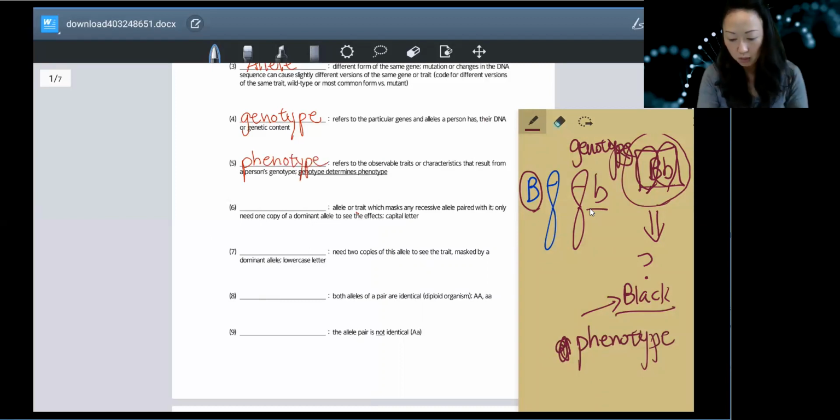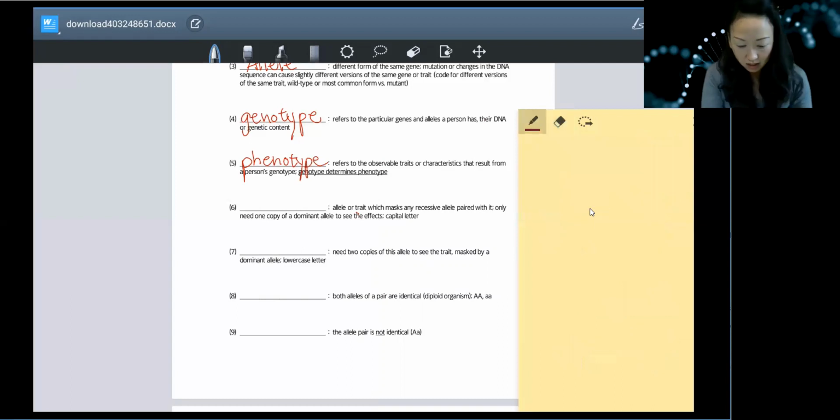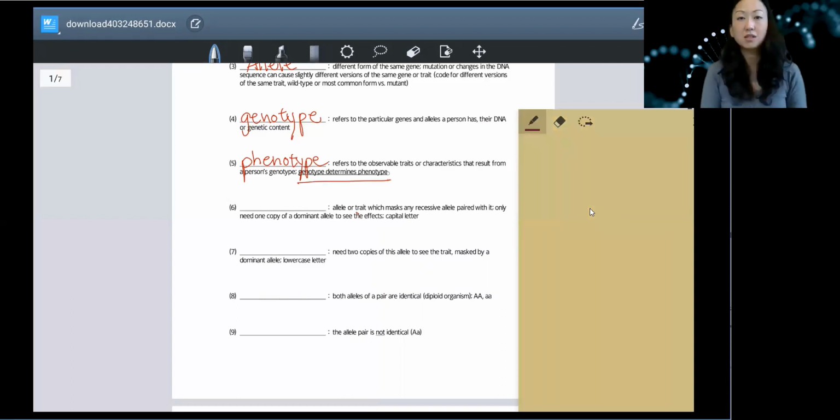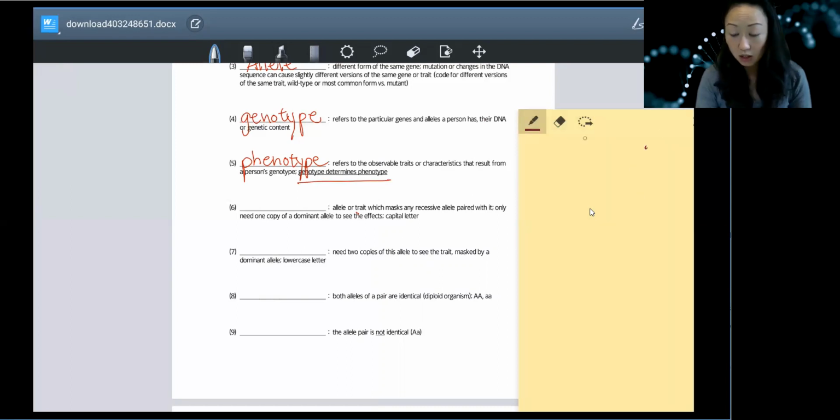Okay, so the most important thing is right here. Genotype determines phenotype. Whatever genotype you have is going to dictate what kind of phenotype you have. If you've done high school biology, then you will know if both mom and dad say black, that's your genotype, and your phenotype will be black hair.